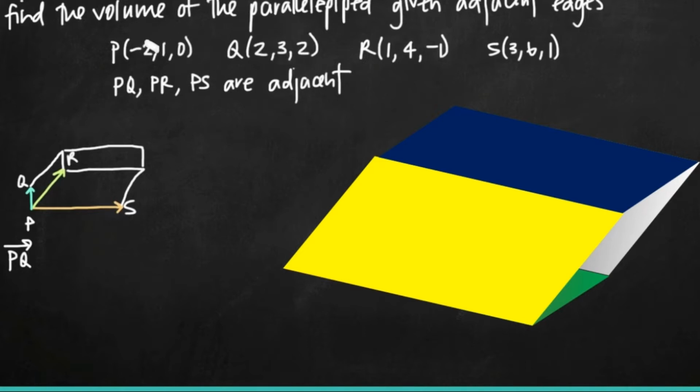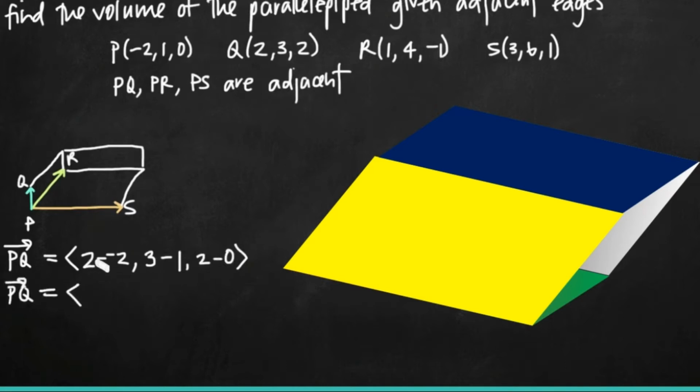So to get the volume of this parallelepiped, we shall determine the triple scalar product of 3 vectors. But we don't have these vectors. Let us first calculate them. That is PQ, which will be the components of OQ minus OP.